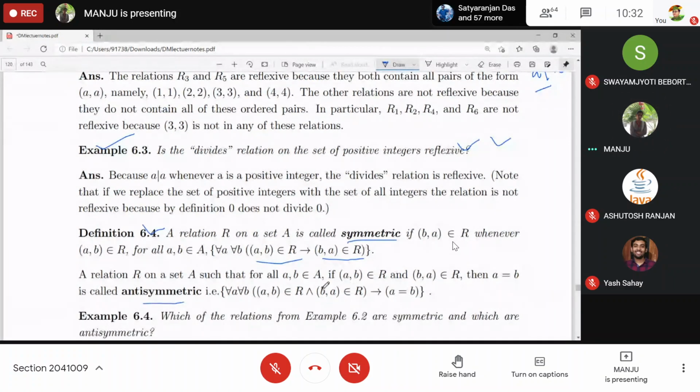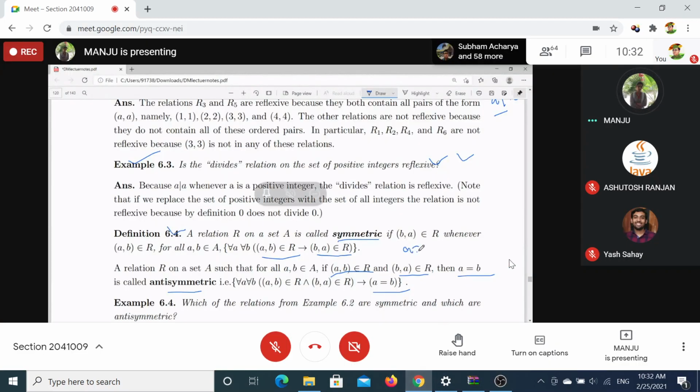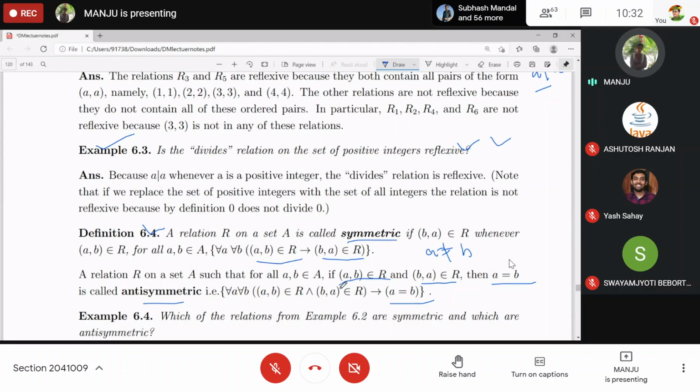Antisymmetric: if AB is present and BA is also present, then A should be equal to B. Or you can write it like this: for all A, for all B, AB belongs to R conjunction BA belongs to R, then A is equal to B. Or for non-equal pairs, A not equal to B, either A is not related to B, or B is not related to A.